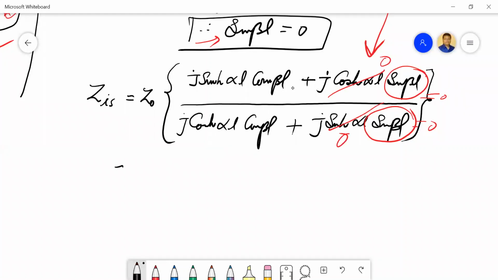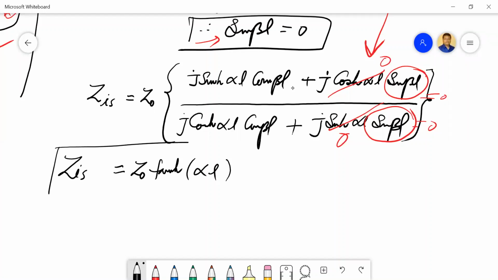So finally you can write Z_in = Z0 tanh(αL). This is Z_IS, the input impedance, considering the transmission length is a multiple of lambda by 2. And of course, we started with the short circuit transmission line. Fine.